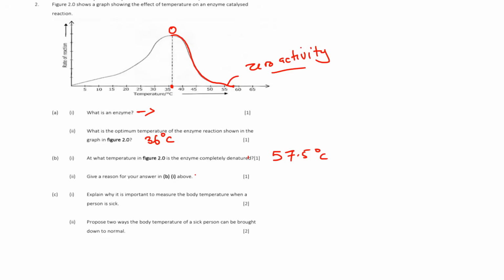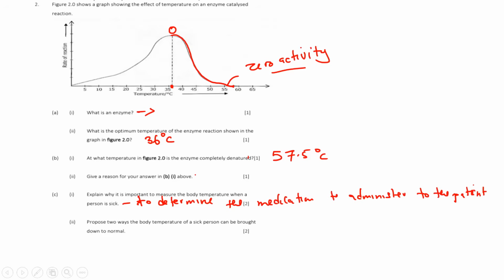So one of the reasons we can say is to determine the medication to administer to the patient. What could be the other one?